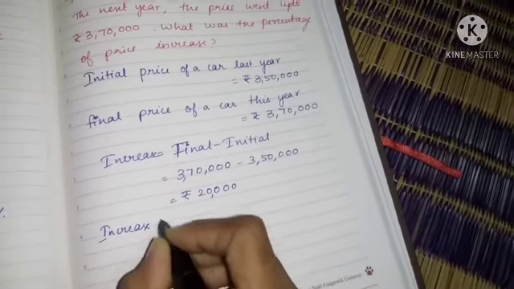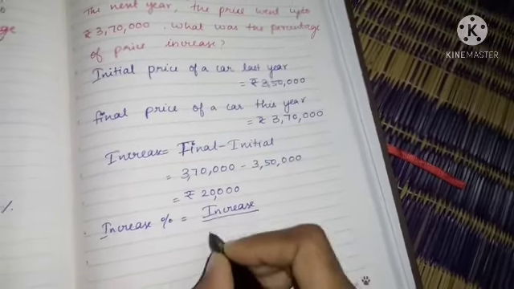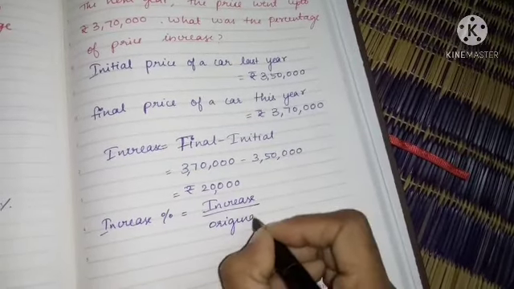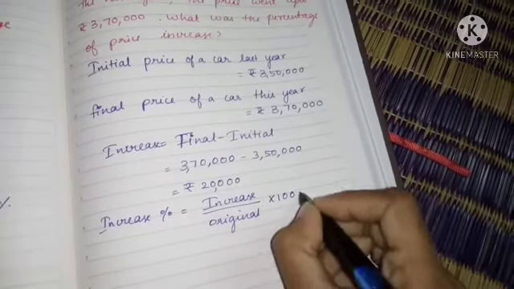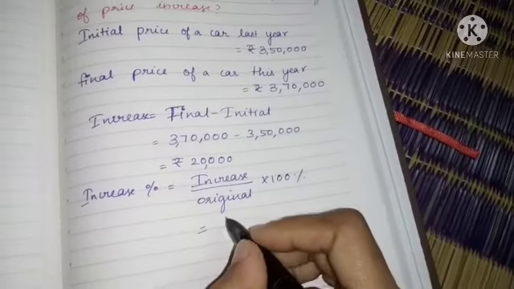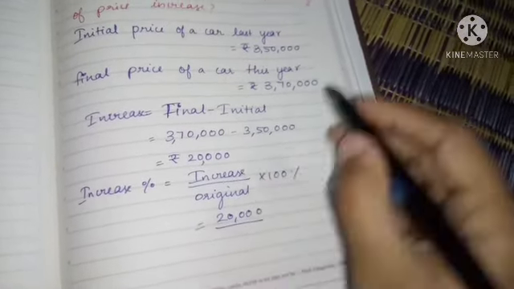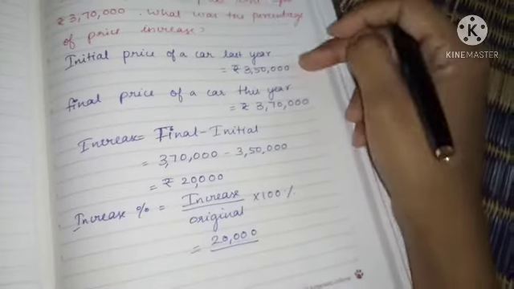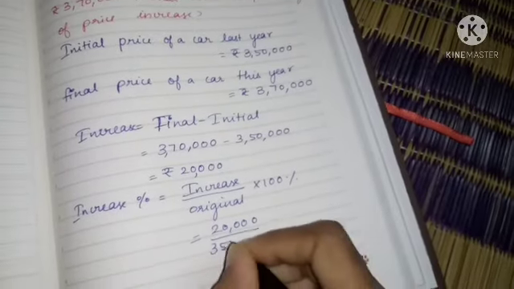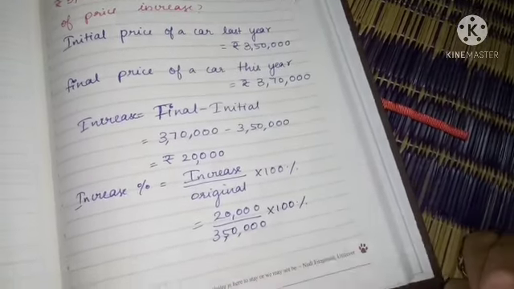Increase percentage is equal to increase divided by the original price of that car into 100%. Correct? What is the increase in amount we know? 20,000 divided by the original amount of the car which you bought, 3,50,000, into 100%.